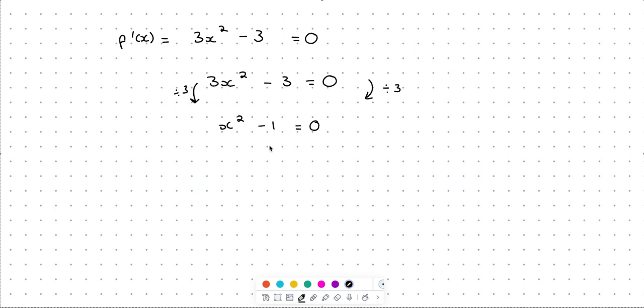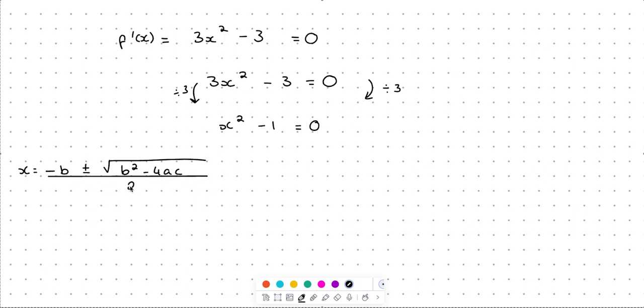Now, you might recognize that as a quadratic, and if you like and prefer to always use the minus b formula, you can use the minus b formula here. So if you wanted to, you could go and use the formula: minus b plus or minus the square root of b squared minus 4ac all over 2a.